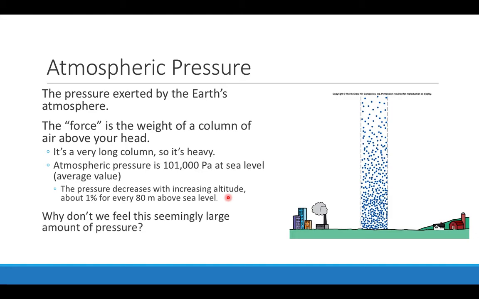So why is it that if we have this really large pressure that's pushing down on us when we are at the surface of the Earth, we don't feel it? And the reason for that is because there's an equal amount of pressure inside our body so that we don't get crushed, right? So our body is equalized for the atmospheric pressure.